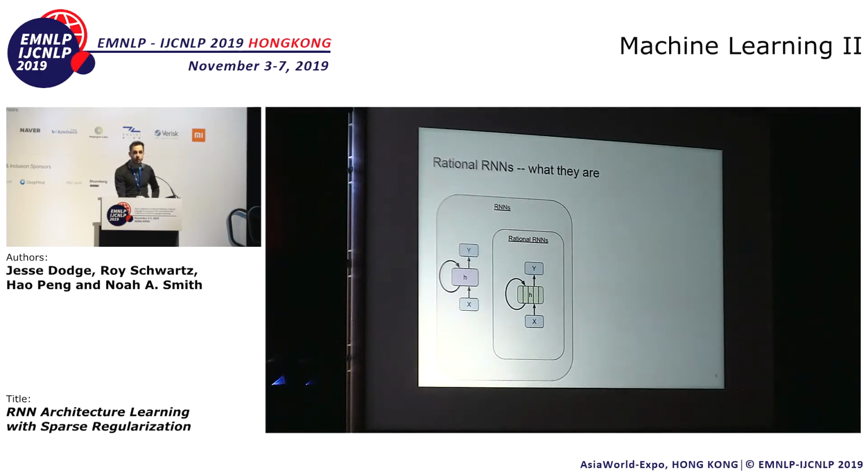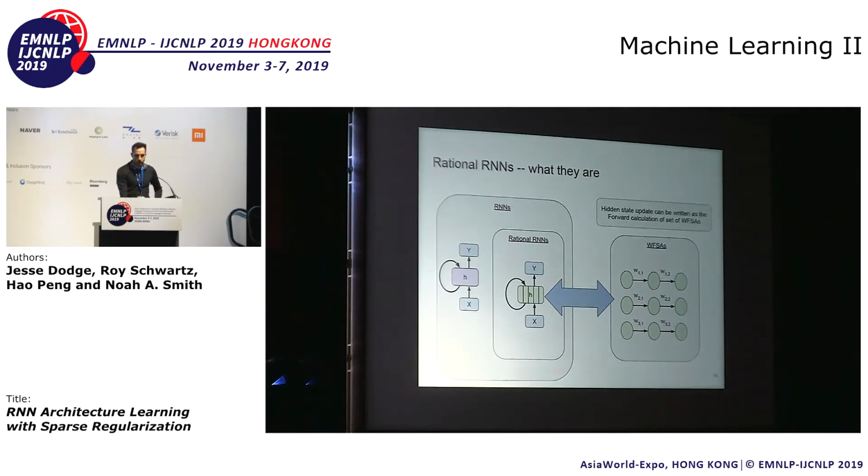And the key advantage of this internal structure is that rational RNNs admit a one-to-one correspondence between the recurrent structure and a set of weighted finite state automata. So to make that more specific, the hidden state update for rational RNNs can be written as the forward calculation of a set of WFSAs.